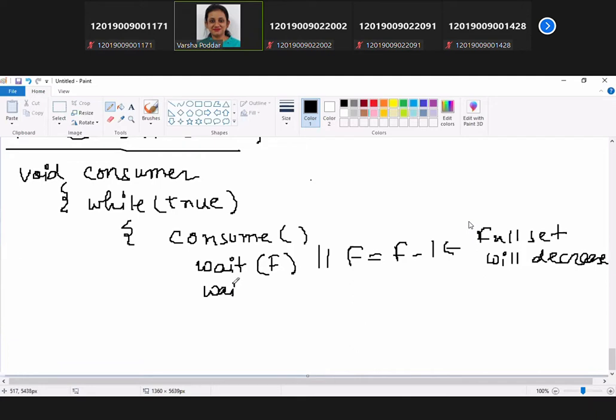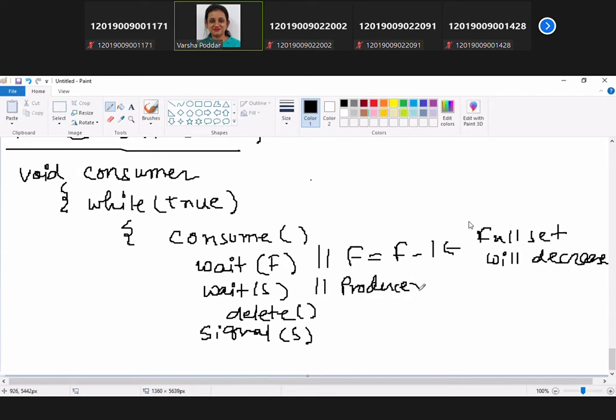Then I am acquiring the critical section. Then you take the delete function. You want to consume, so you delete. Then you release. Wait S means the producer cannot access the critical section.